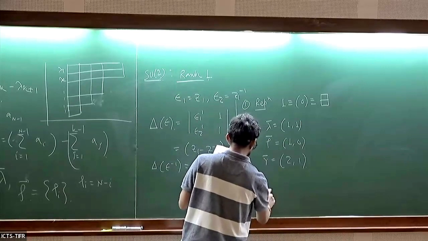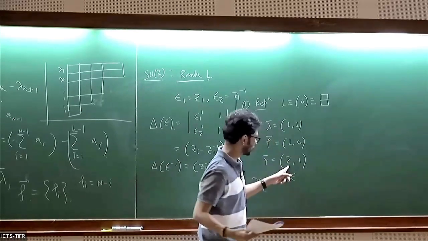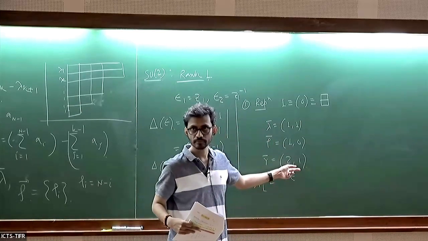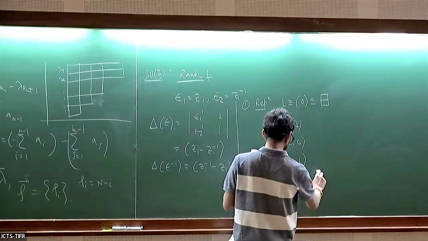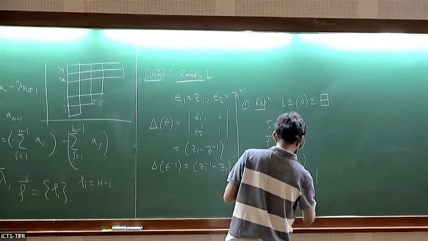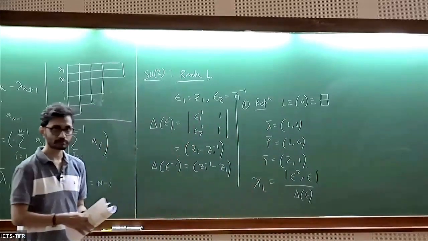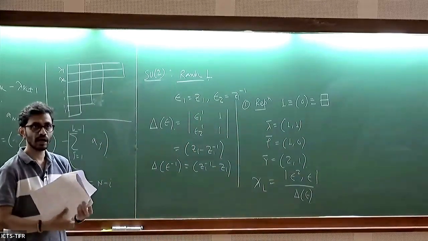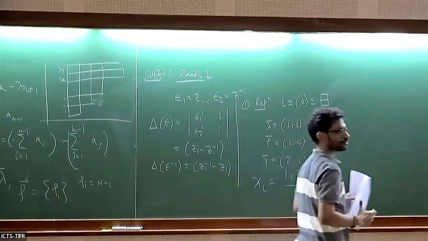So chi for singlet representation is, so R1 is what? 2. So this will be 2. This will be epsilon, and then I have a delta epsilon. Okay, and if you calculate this, you'll find out this is 1.